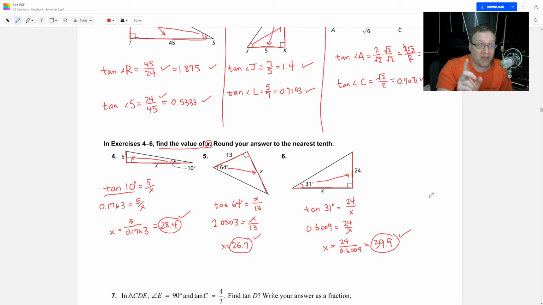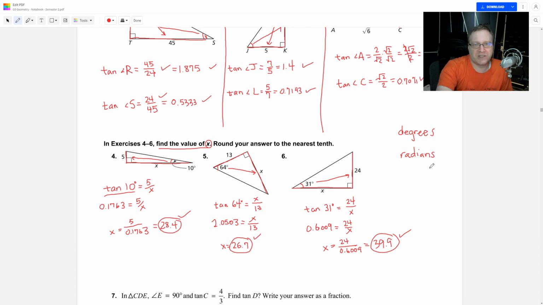So one other thing that I want you to know and make sure of is that your calculator probably has the ability to be in either degrees or radians. Now, what are degrees and radians?